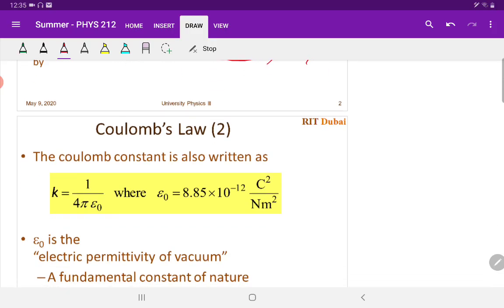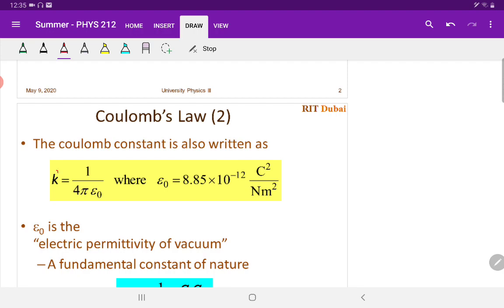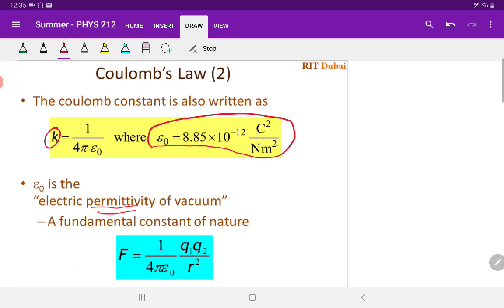Now we will see later that this K can be described by another constant, which we call the permittivity of the vacuum. Since we assume that the space between these two point charges is a vacuum, there is something called the permittivity of the vacuum, which tells us how the medium affects the interaction. In this case, we just use it for the vacuum, as there is nothing that will affect or screen this interaction.